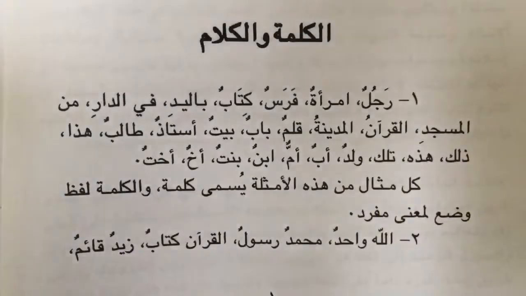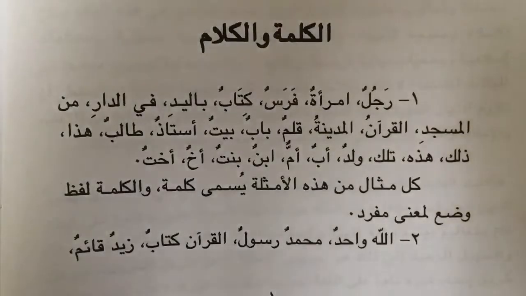And here it's important to pay attention because there's many different ways in the Arabic language that we can put words together to make complete sentences. So here, for example, he says, Allahu wahidun. Allah is one.